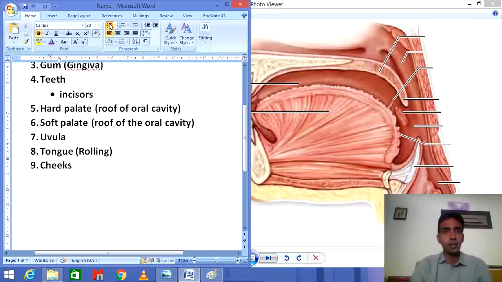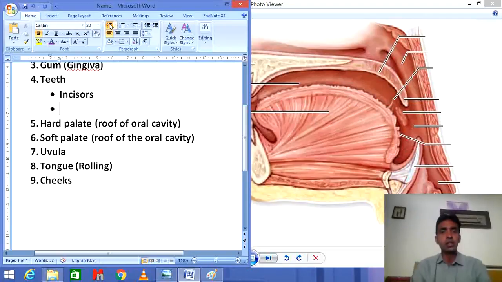There are four incisors in the upper jaw and four incisors in the lower jaw. Of the incisors, two are central incisors and two are lateral incisors.